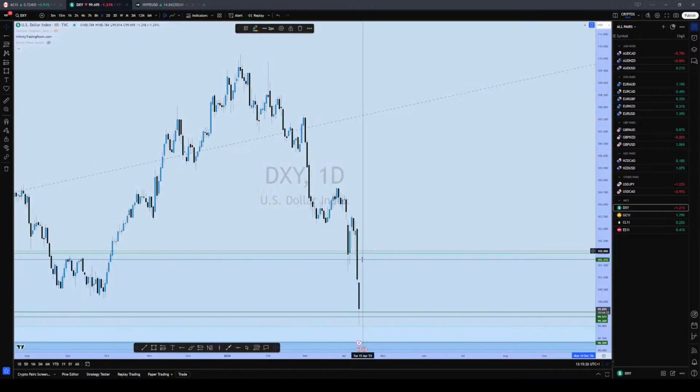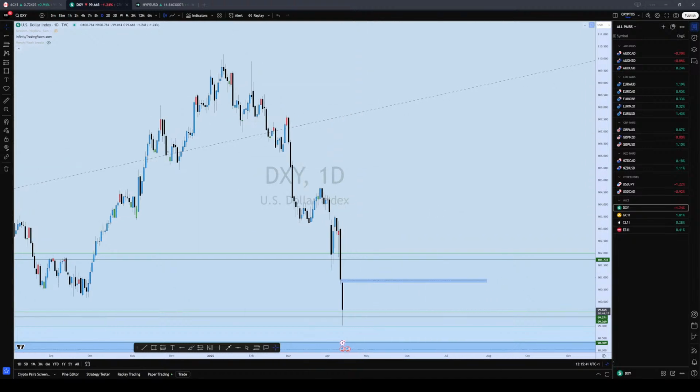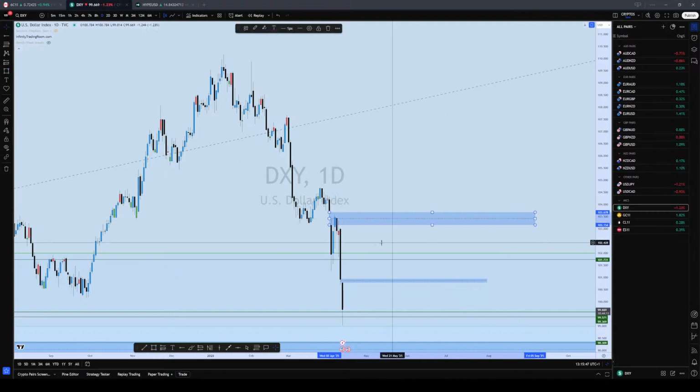Also, looking at how aggressive the drop has been, creating volume imbalances, this is a sign of weakness. So if I extend that, a large volume imbalance also over here, and then it came down.